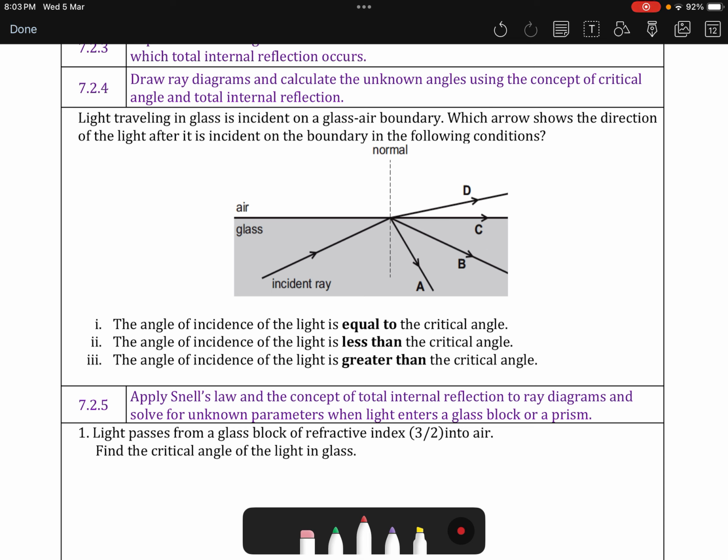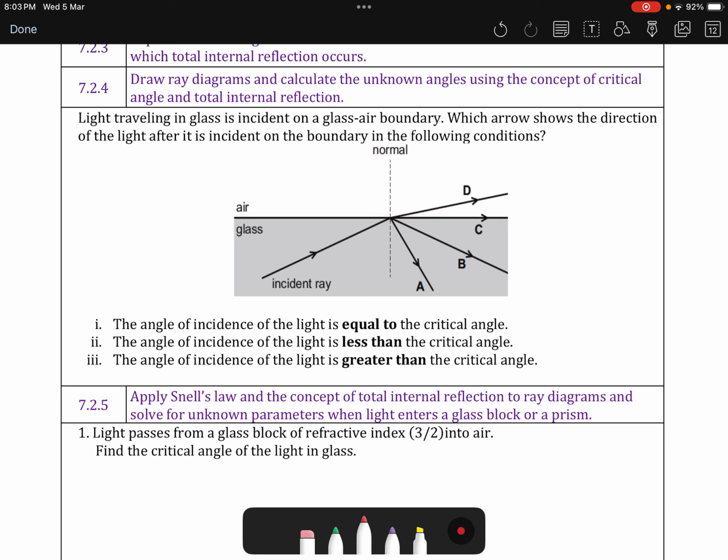Okay, now next question. Read it, please. The angle of incidence of the light is equal to the critical angle.